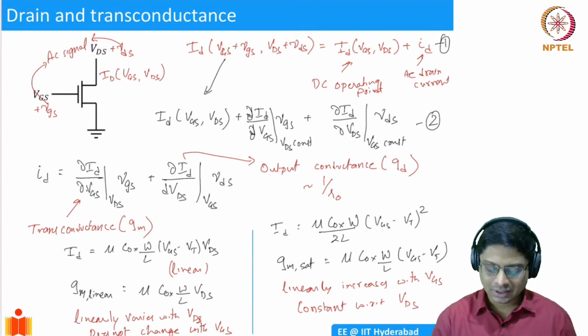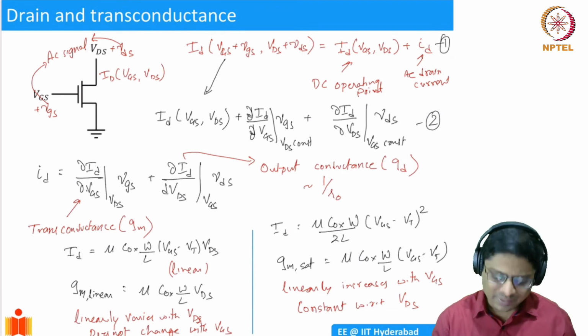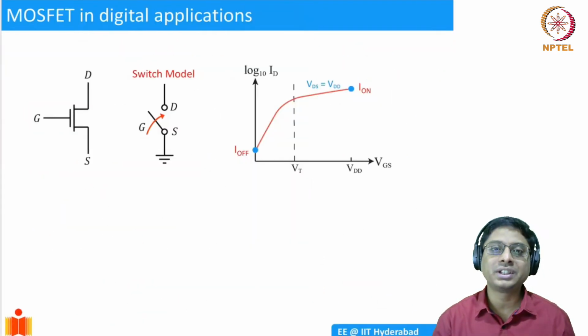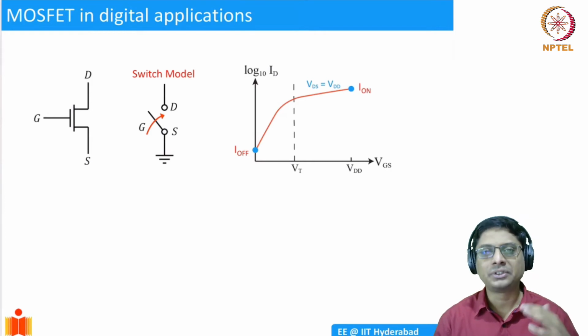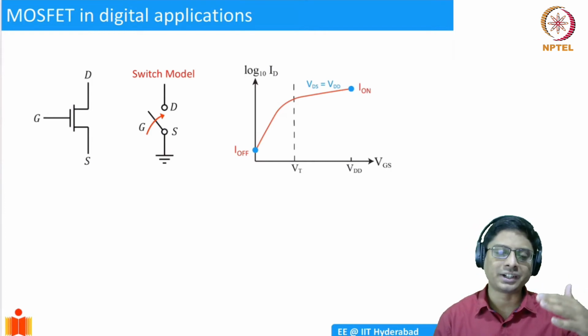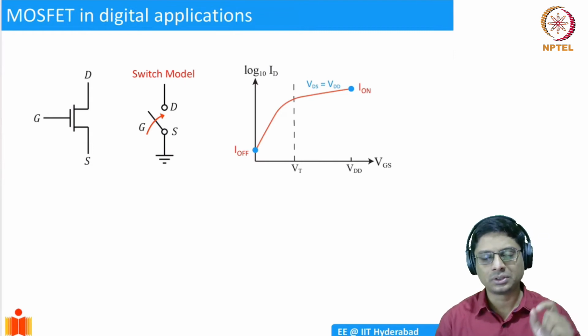You could also have, most of the MOSFETs are used in digital applications. For example, your processor is a digital device, right? Digital processor, because you have zeros and ones. You're not really concerned about how the voltage is changing continuously from 0 to VDD.